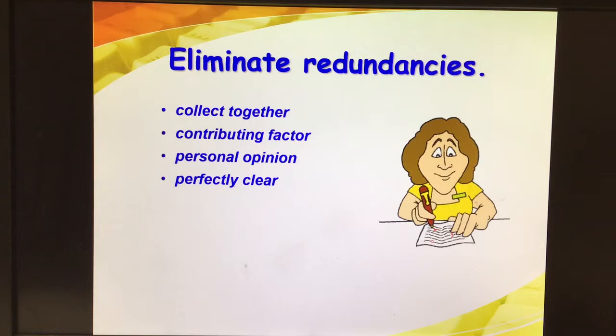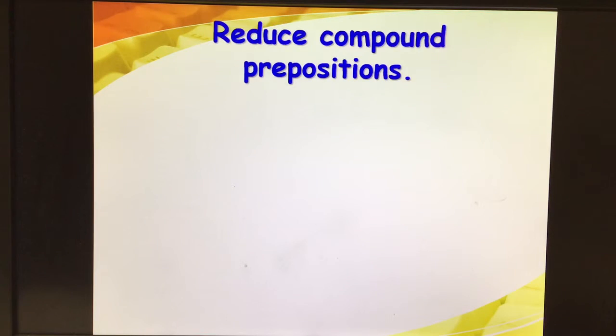I get tickled sometimes at somebody that always says, in my honest opinion. Tell me, when are you going to tell me when you've got a dishonest opinion? Why not just say in my opinion? Perfectly clear: again, you want to make something clear. There's no need to say perfectly or crystal clear, or even to say very. Try to look for ways to cut very out of your conversation if you want to save some time.